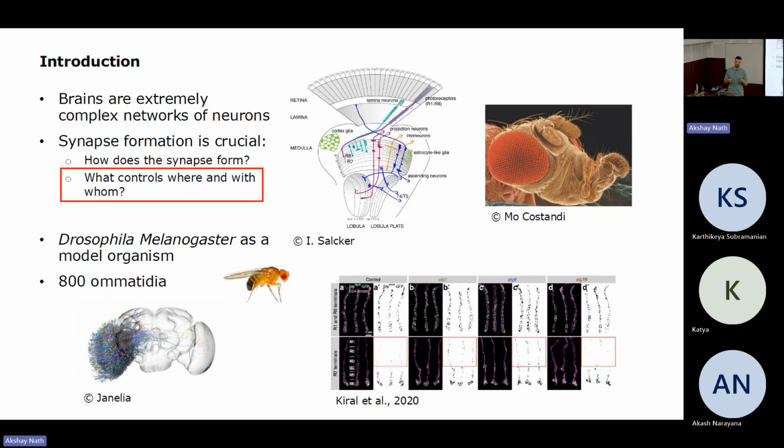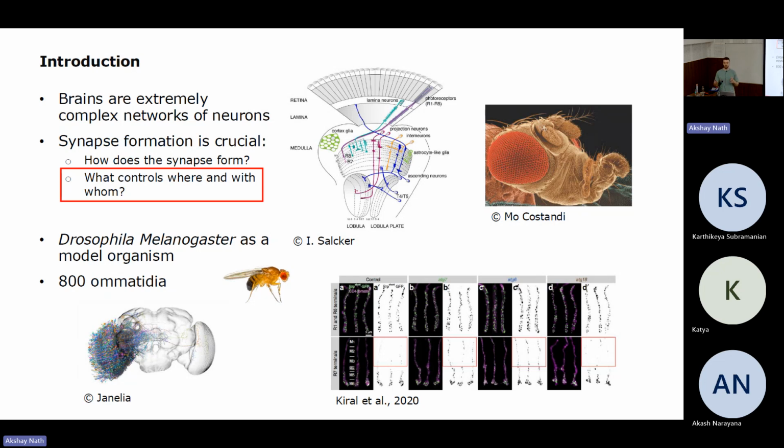All of these neurons connect to each other in a very specific manner. They don't just connect to any neuron, they connect in a very specific place, location, time, with a specific type of neuron. Two neurons connecting are called a synapse.